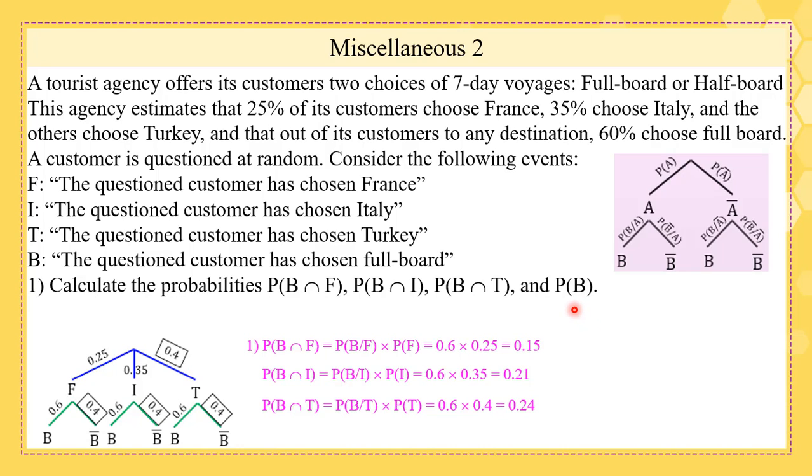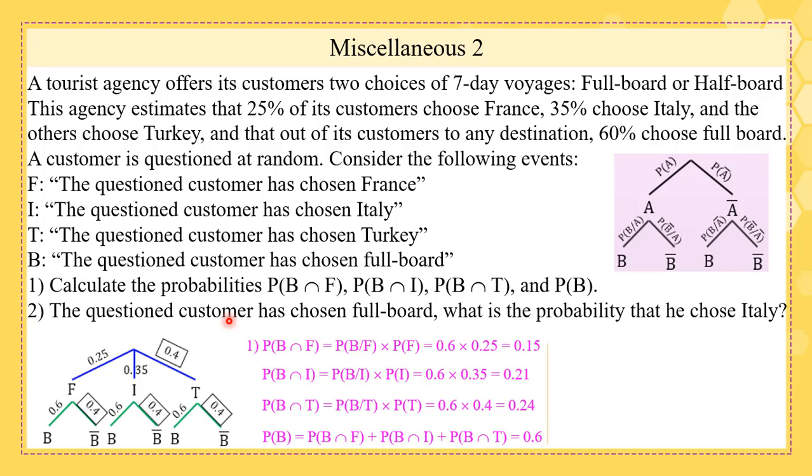And finally, we need the probability of B. Well, to choose a full board, it could be full board and France plus full board and Italy plus full board and Turkey, which is 0.6, which is in fact given here as 60% choose full board.